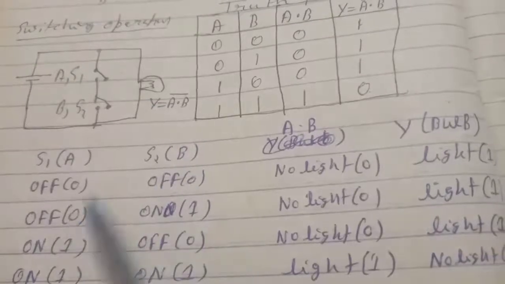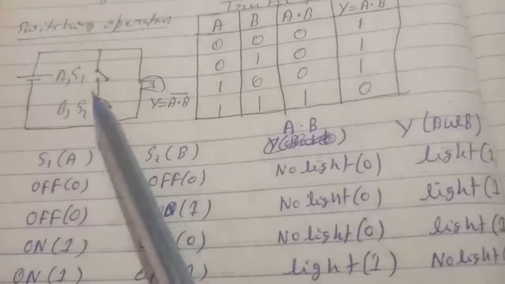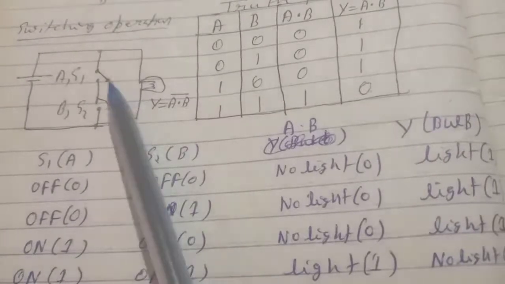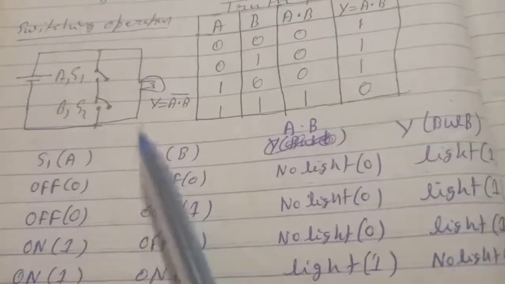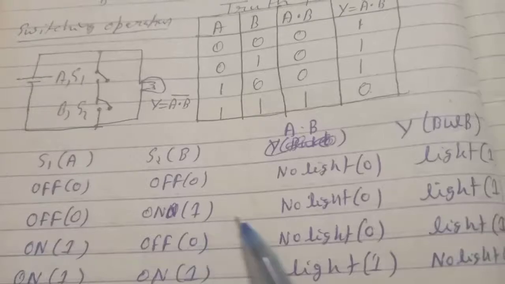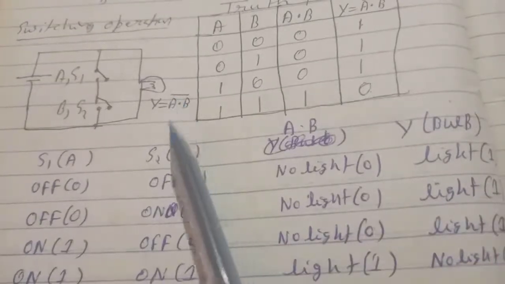Again, S1 is off and S2 is on, that is the switch is on, and A dot B will be no light, so here will be light.